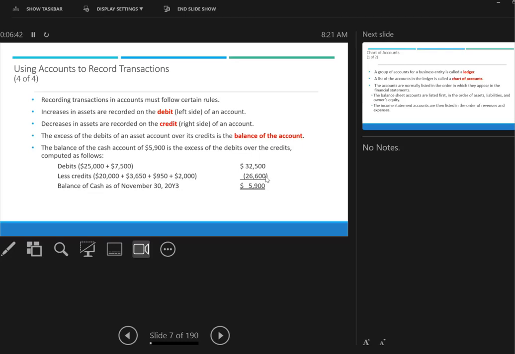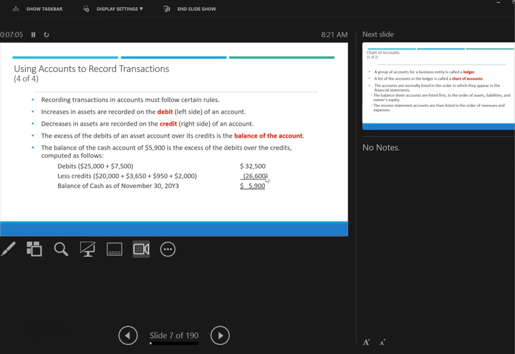Good question. Thank you for asking. So we hope in our bank account, don't we want to have more than zero? Yeah. Do we want to have minus 500? No. What is normal for cash?